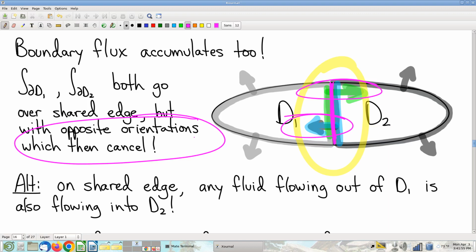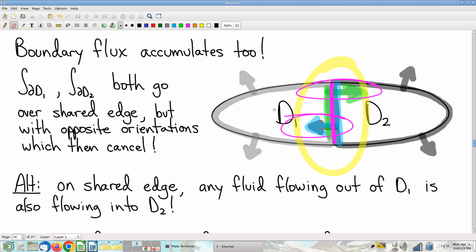What's wonderful about this is that structurally, this is the exact same way it went down when we were talking circulations. With circulations, that edge appeared twice with opposite parallel orientations, one up, one down. Here it's appearing with opposite orthogonal orientations, one to the left, one to the right. Still opposite, and they still cancel.